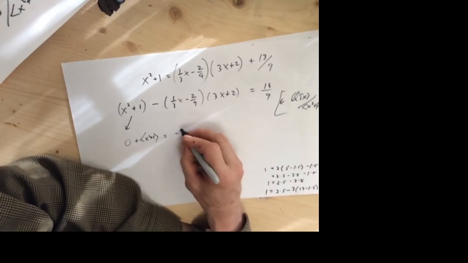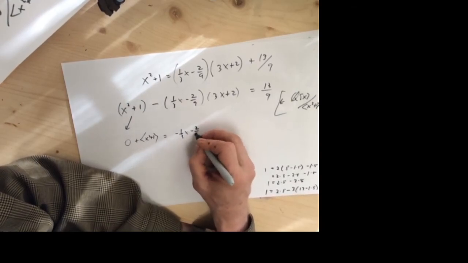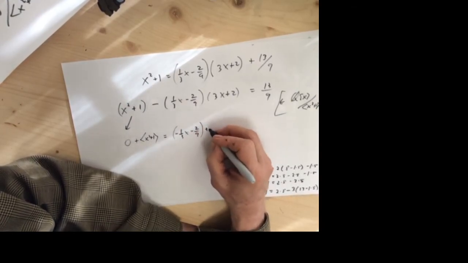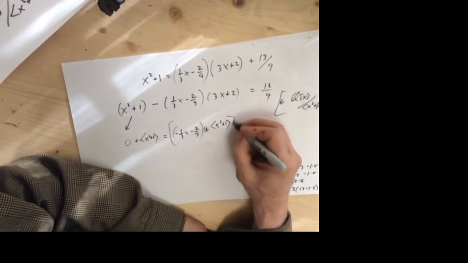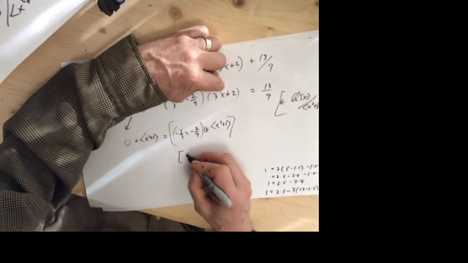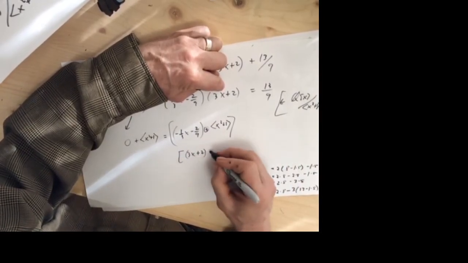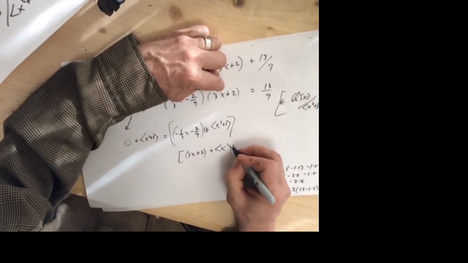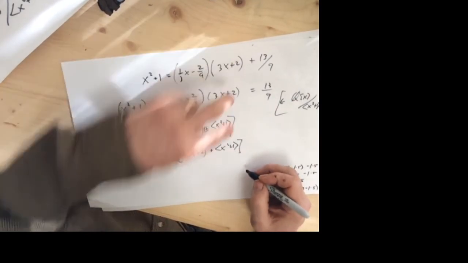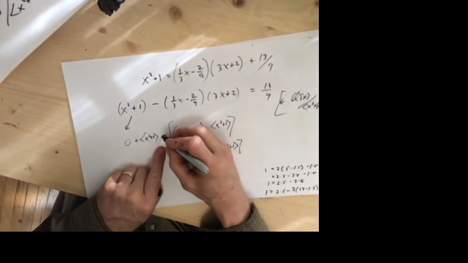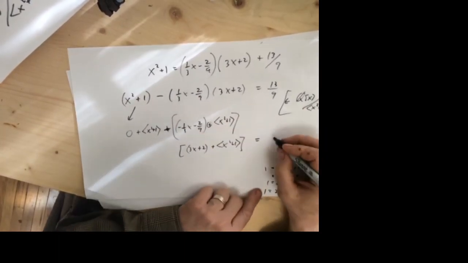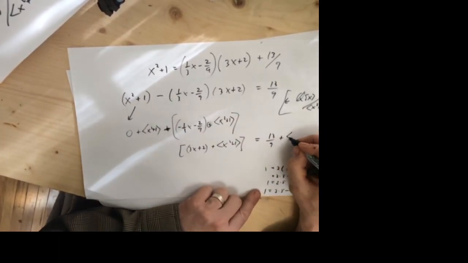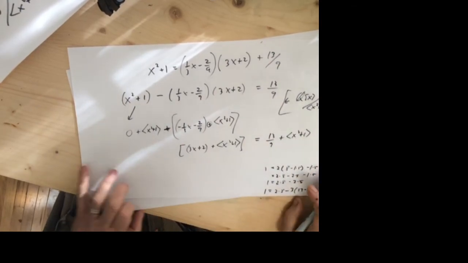This will be minus 1/3 x minus 2/9 plus x squared plus 1 times 3x plus 2 plus x squared plus 1. And this will be the same as 13/9 plus x squared plus 1.